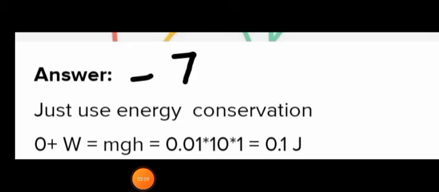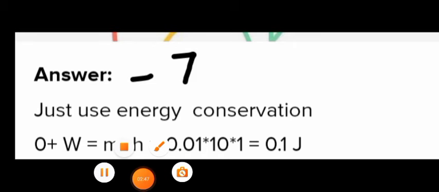From the vertical level to the horizontal level, the bob will be at rest, so that is potential energy. So work done is equal to potential energy. What is the potential energy value? Mass is 0.01 kg, the g value is also given in the question, 10, and height, that is length, 1 meter. So that is equal to 0.1 joule.